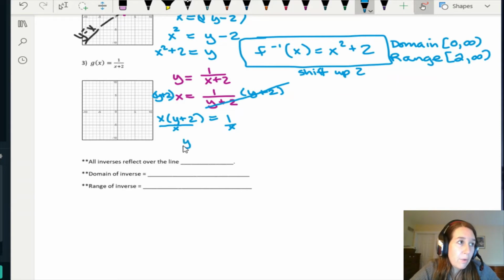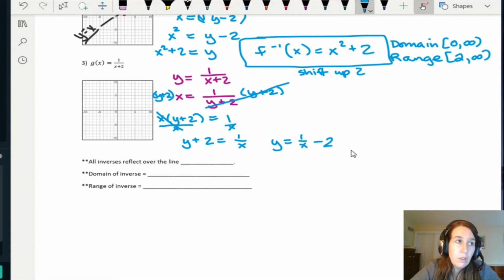So we're getting y plus 2, this x divided by this x. Oh, sorry, so it's still y plus 2. Sorry about that. y plus 2 equals, and then this is dividing by x and dividing by x, so 1 over x. And then to solve for y, we get y is equal to 1 over x and subtract the 2.